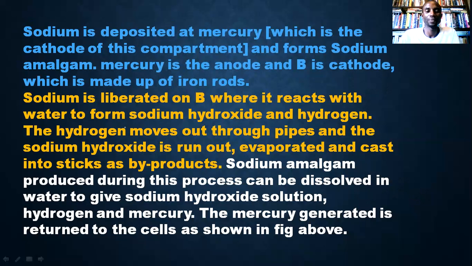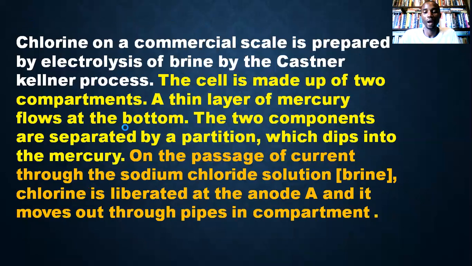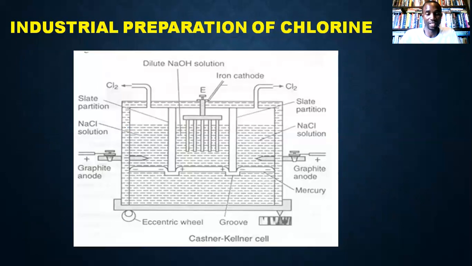Sodium amalgam produced during this process can be dissolved in water to give sodium hydroxide solution, hydrogen and mercury. The mercury generated is returned to the cell, as shown in the diagram here. All right.